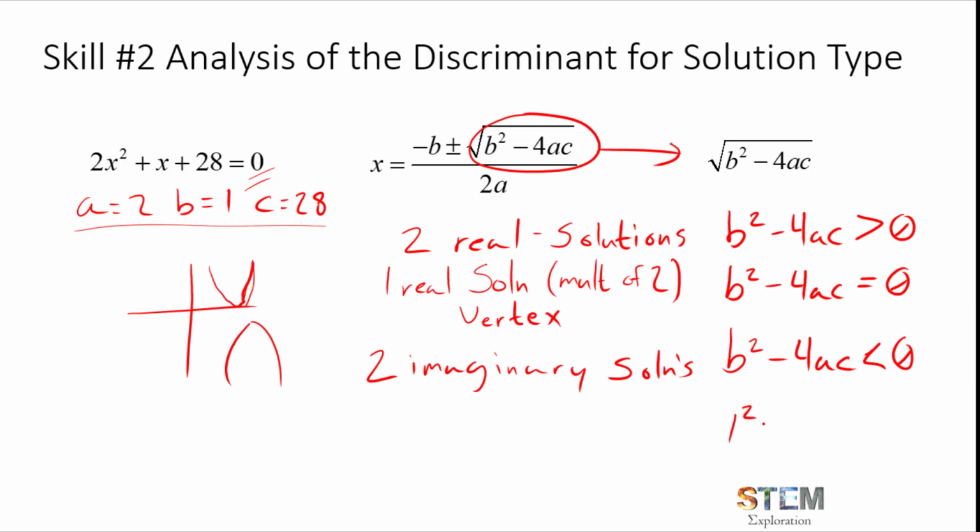If we plug 1 in for b, and we go 4 times 2 times 28, without doing any real math here, I can very quickly see that this will be a very large negative number, and that 2 imaginary solutions would be present for this quadratic. So it's just a tool to have in your back pocket whenever you're trying to figure out, hey, what type of situation are we looking at? Or are there even any real solutions? That might be where the rubber really meets the road. And I want to show you that in this next example.